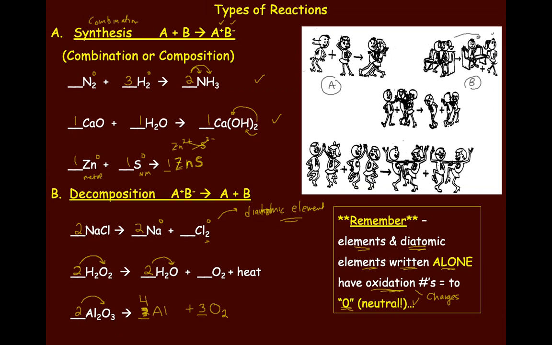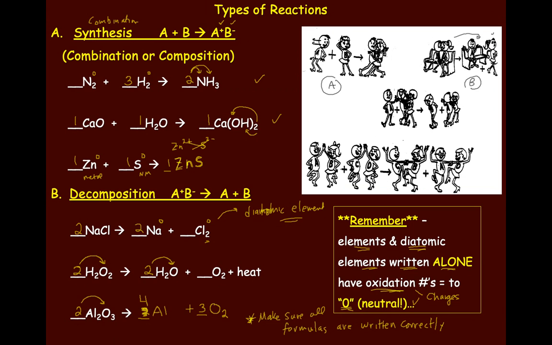Only when they're in bonds do they have their charges. Okay? And very important, make sure all formulas are written correctly. Okay, that's going to be a really important thing to do when we go back over.